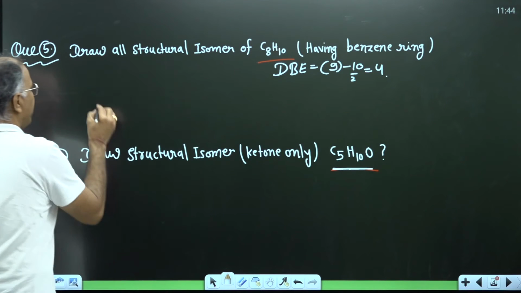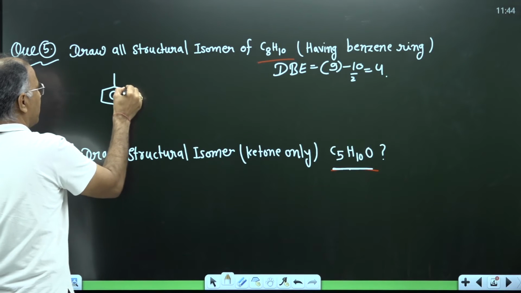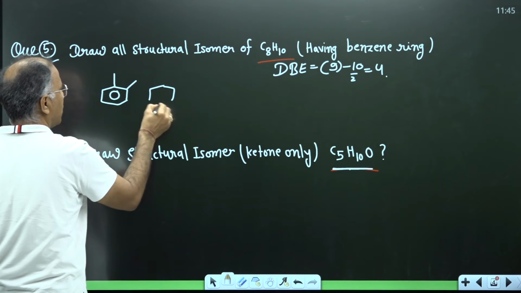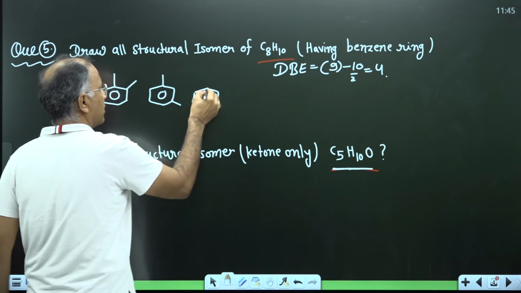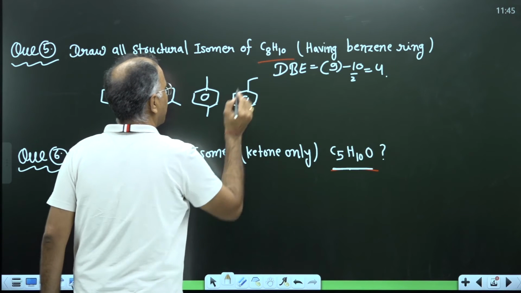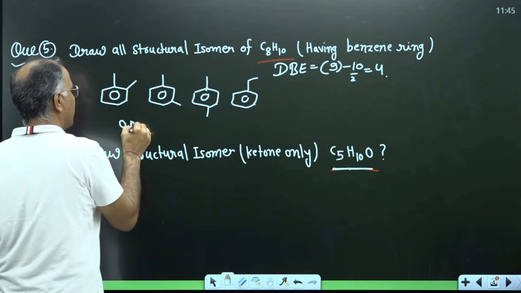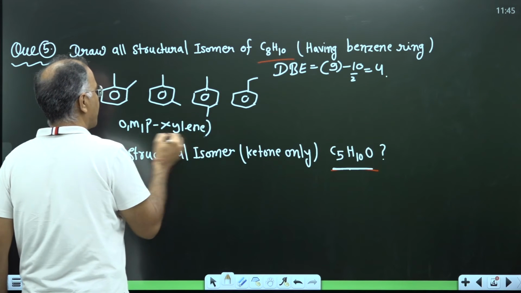Now we have a benzene ring and we have 2 carbons left. These 2 carbons on the 1,2 position give ortho-xylene, meta-xylene, para-xylene, and ethyl benzene. Ortho, meta, para-xylene and ethyl benzene.